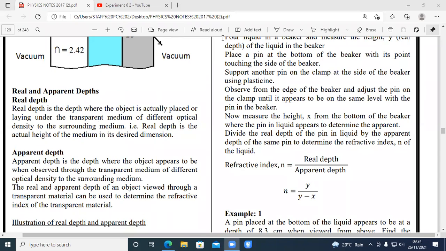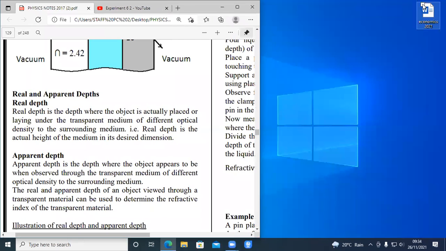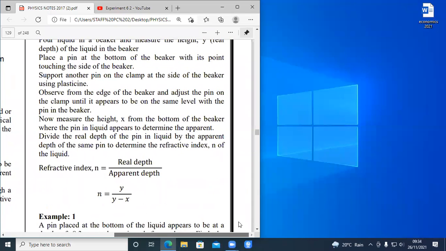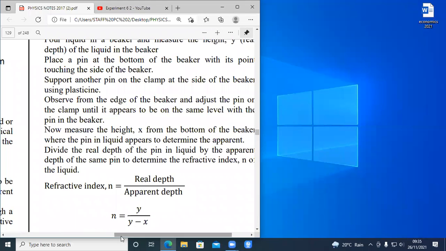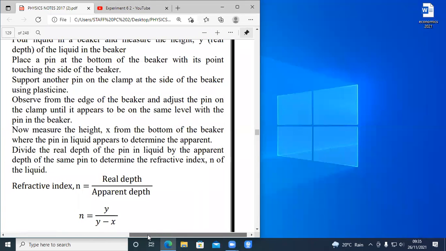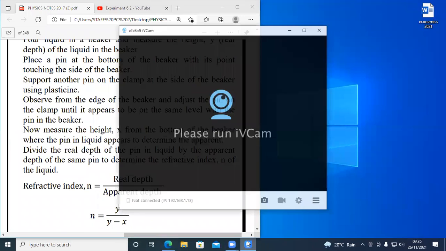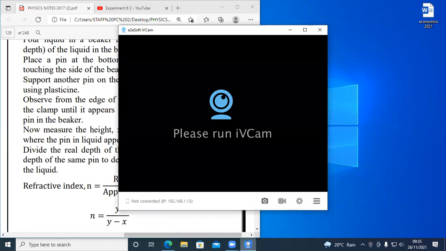Be taking the notes. Members, be taking the notes, please.